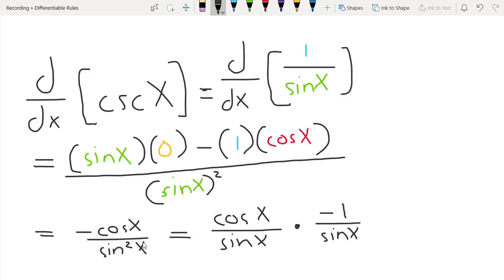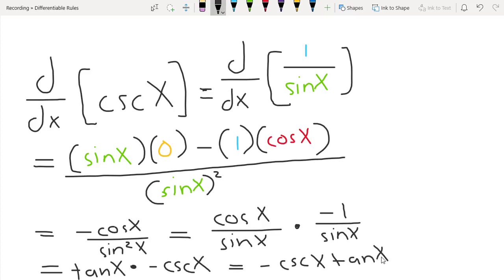And then this can be rewritten at the end for a final of tangent of x times negative cosecant of x. And if you really wanted to rewrite this, you could write it as negative cosecant of x tan of x.